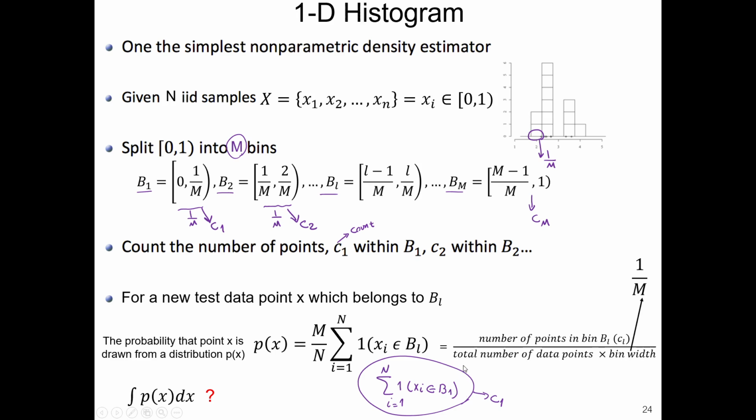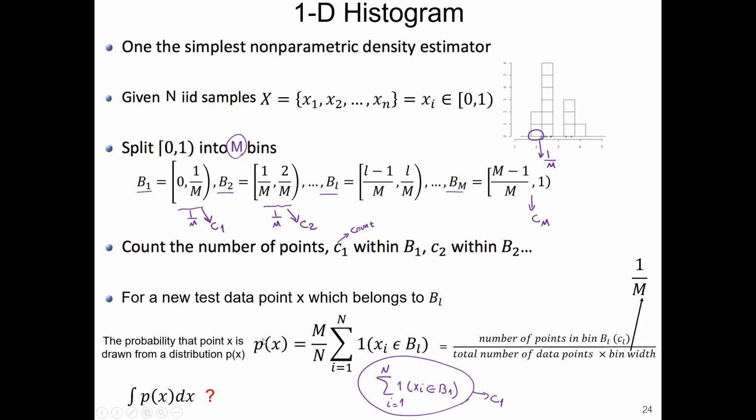So if I want to put this into words, essentially this is the number of points in bin L, or our C, over the total number of data points multiplied by bin width. We don't know yet why this is the case, I'll show it to you. But let's assume this is really a density and this is really a PDF. What do you expect this value to be?